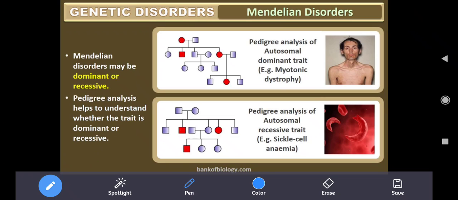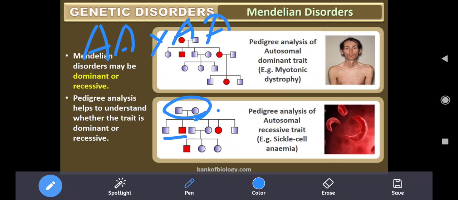Since this disease is caused by a recessive trait, the parents are normal, but in the F1 generation the disease is shown. If they are normal, they might have capital A and capital A. If both parents are capital A, there is no chance for this disease. They might have the trait like this, capital A small a and capital A small a.